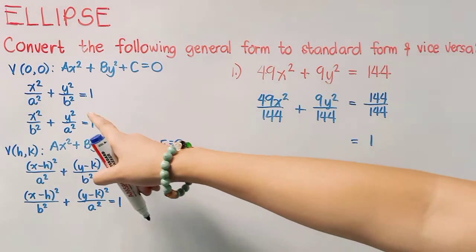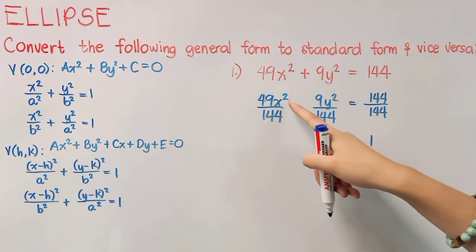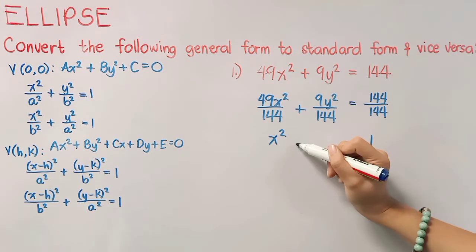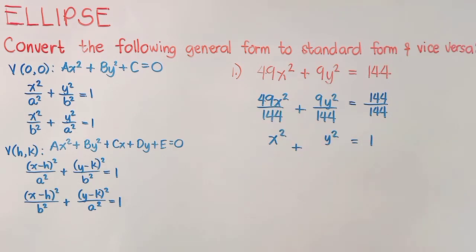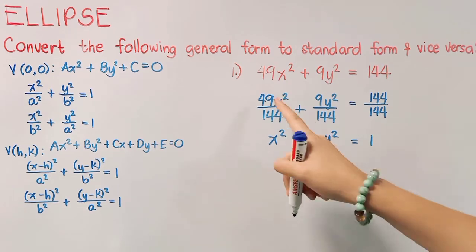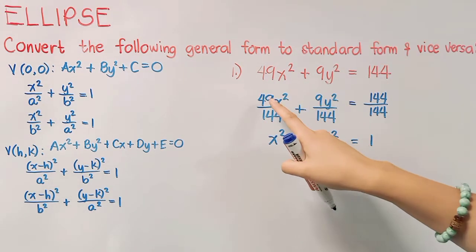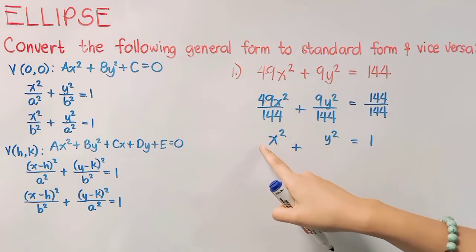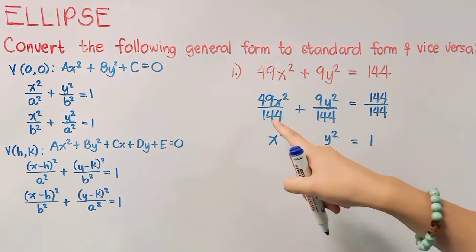And then look again at our expected answer. We should only have x squared and y squared as our numerators. Going back to our first term, for us to only have x squared, we should remove 49 by dividing both numerator and denominator by 49. 49 divided by 49 is 1, so we don't have to write it.